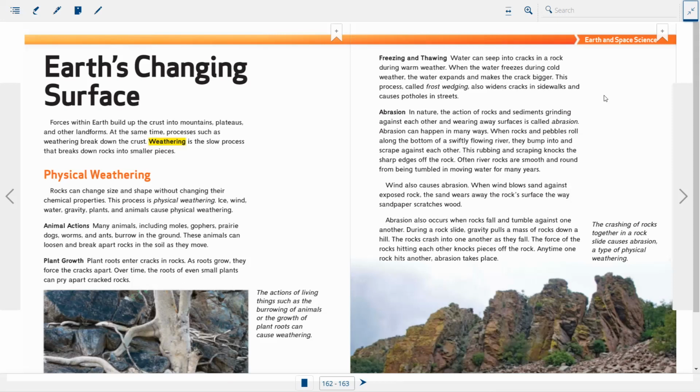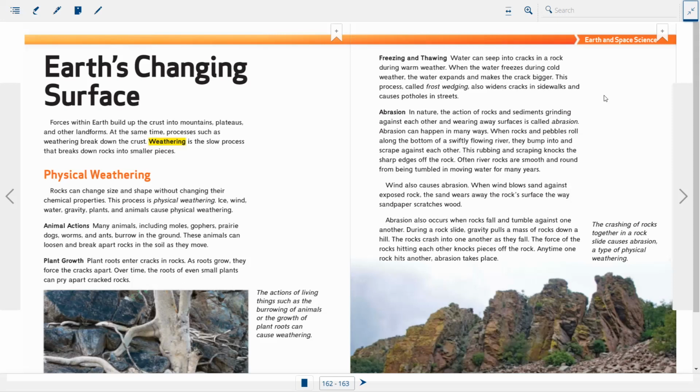So as it freezes and gets bigger, it's causing these cracks and breaks to open even wider, which is what's causing the damage. And abrasion is basically anytime there's anything rough scratching against something else. So if you guys have seen sandpaper, we've used that in the classroom for other experiments. It's rough. So when you rub something rough against something else, it's going to take off those sharp edges, and it's going to start to smooth it out. So we talked about a few different ways that abrasion happens.